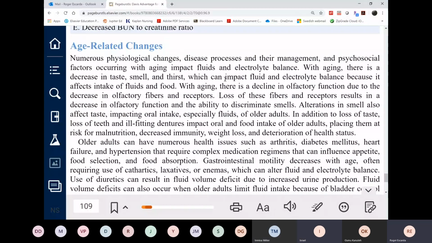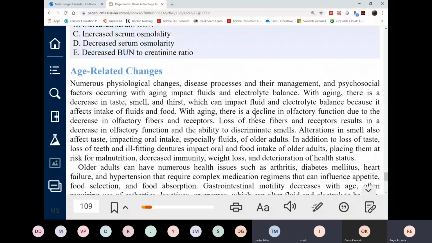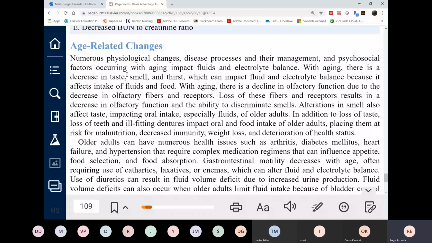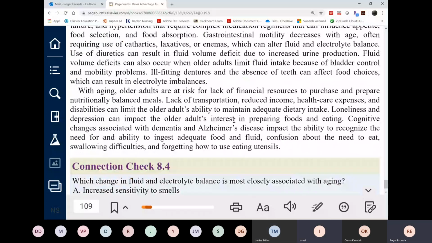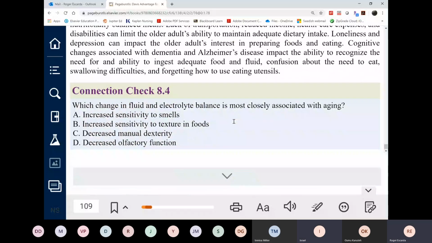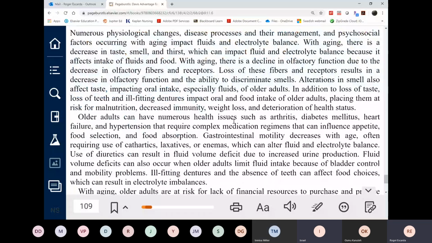Yes, these are examples. Especially the age-related changes, which tell you that these are normal changes, not necessarily abnormal. When we grow old, this will happen. Again, I'm not reading the whole textbook for you. I'm just introducing the concepts and explaining them, so you can apply them when we go to the test.